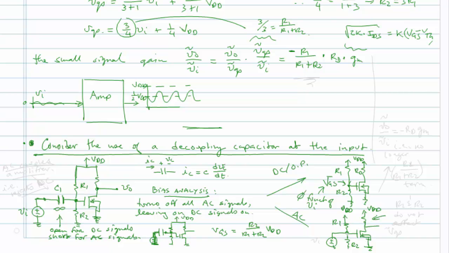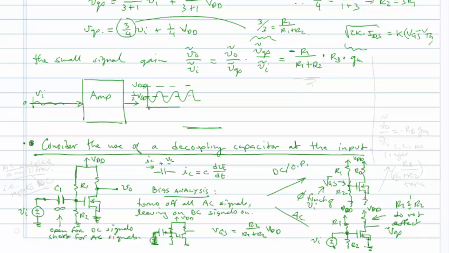So here, R1 and R2 do not affect VGS, and this is the small signal VGS that would be supplied by our VI.